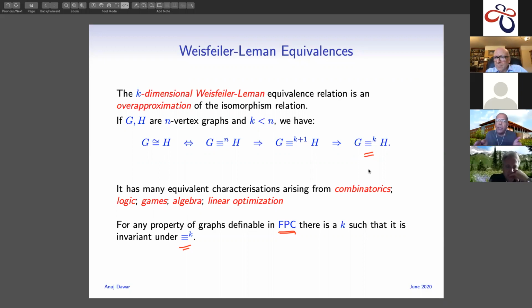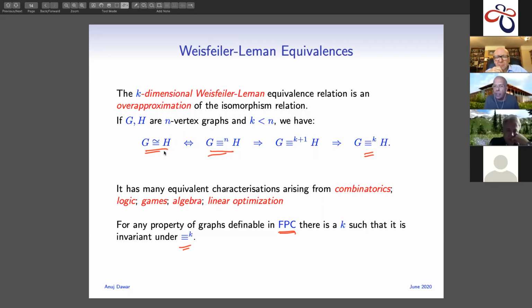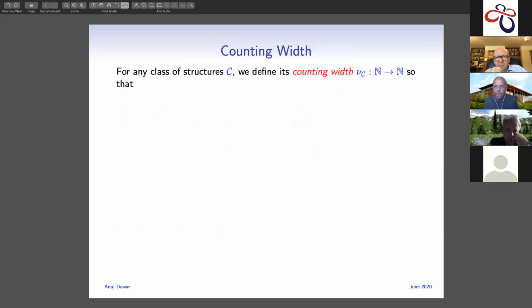As you increase the value of k, you get an algorithm which better approximates isomorphism. If you look at k equals n, then you can enumerate the whole graph in a single tuple and actually determine isomorphism. That's why once you're looking at n equivalence, it's the same as isomorphism. All right, thank you. Does that help? Yep. Okay.